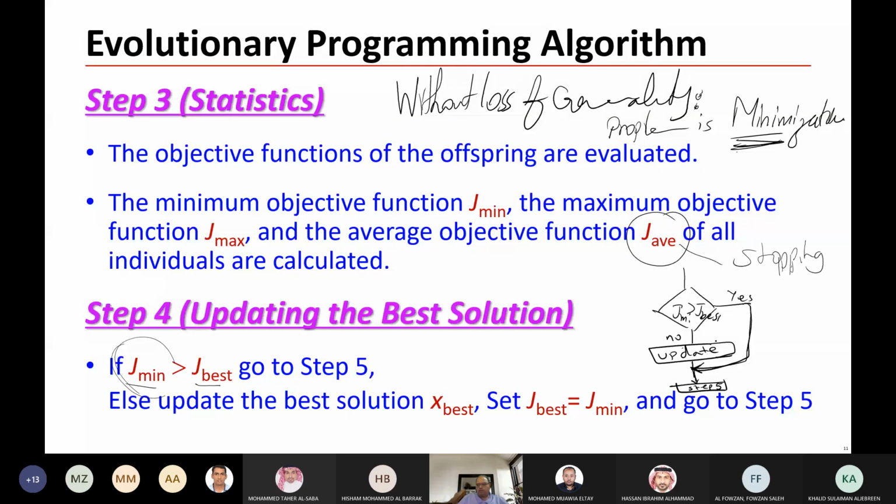If no, update the best solution, and then go to step 5 again also. So this is the computational flow of this part. Is it clear? Any question? Oh, time is over.